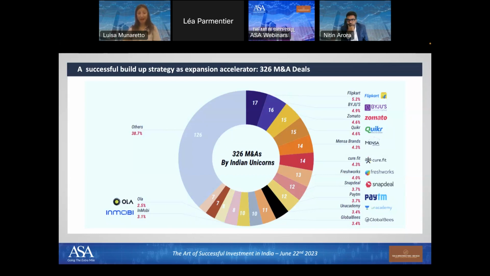It is very interesting to understand that the contribution of the unicorns in India is not only based on organic growth, but is also based on the capacity to identify, in a very large portfolio, very innovative startups that are available in India.